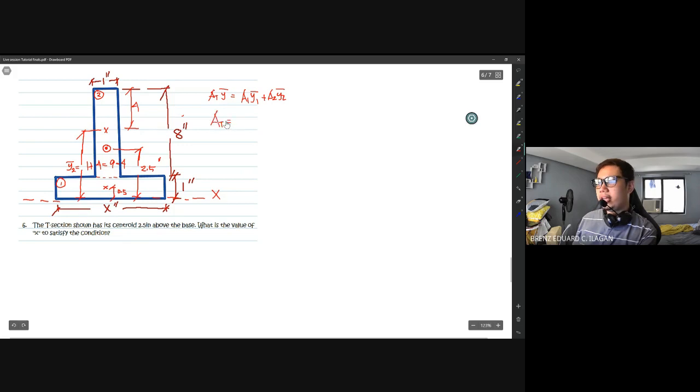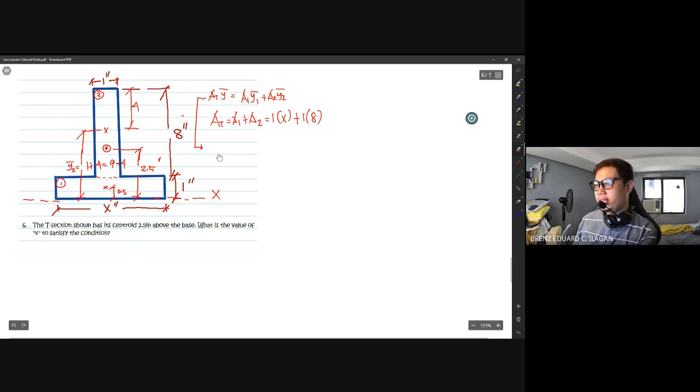Total area is area 1 plus area 2. Area 1 is the lower lying rectangle, so that is 1 times x, the unknown, plus the upper standing rectangle, which is 1 times 8.